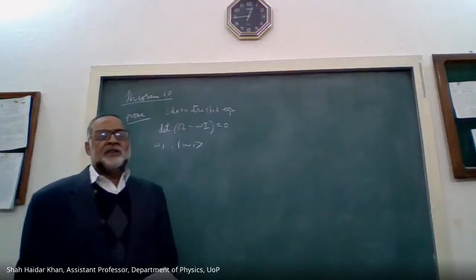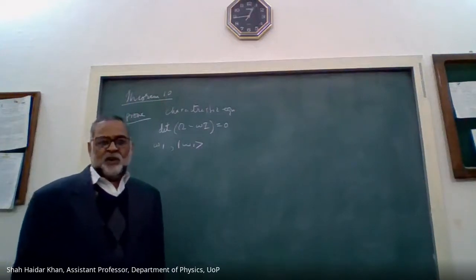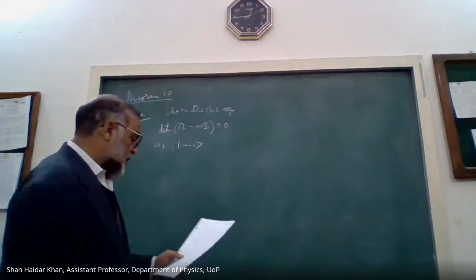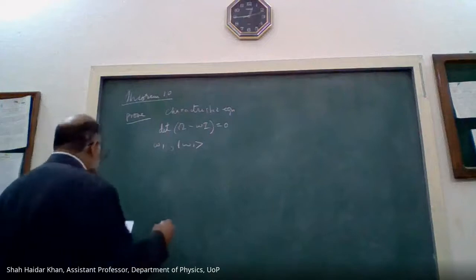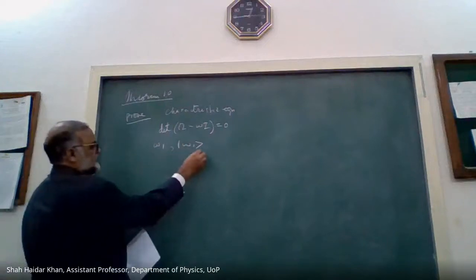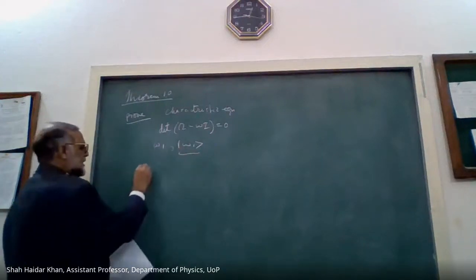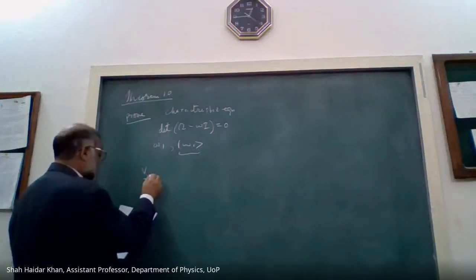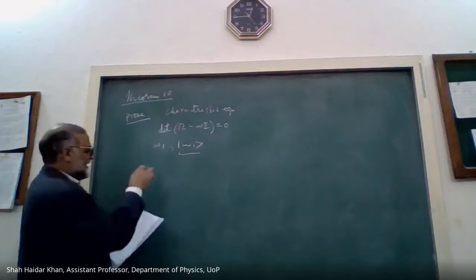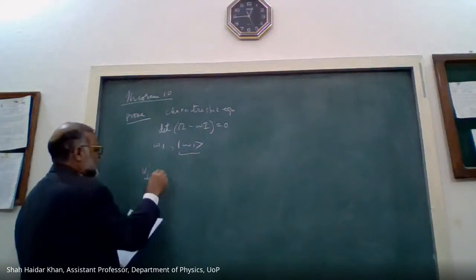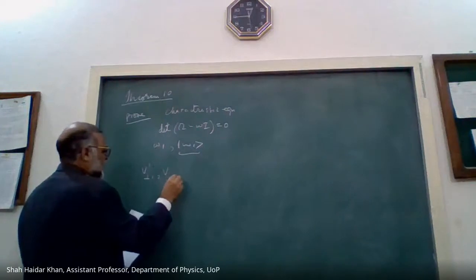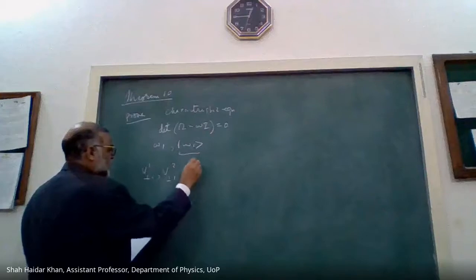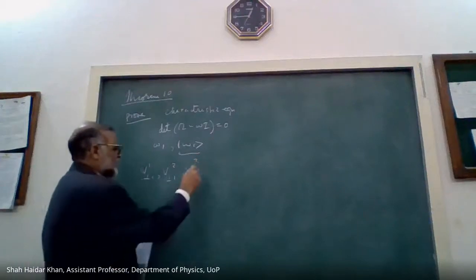So let us consider a set of vectors which are all perpendicular to this vector, this one, right? So 1 and 2 perpendicular, 1 and 3 perpendicular, and so on.